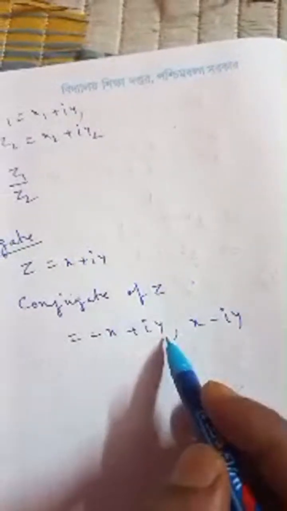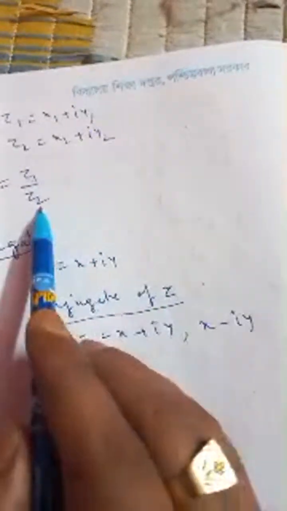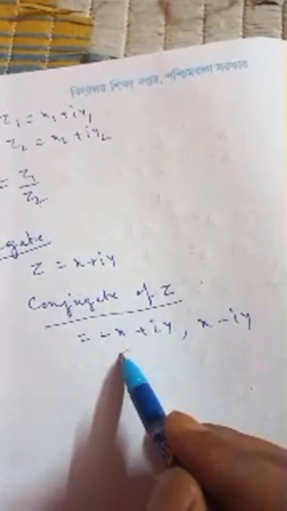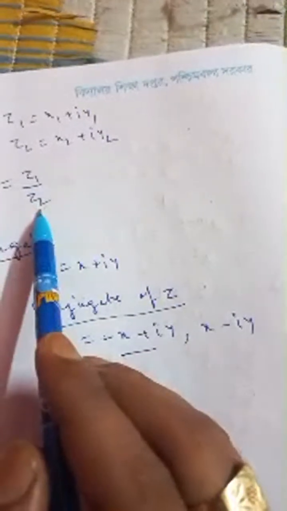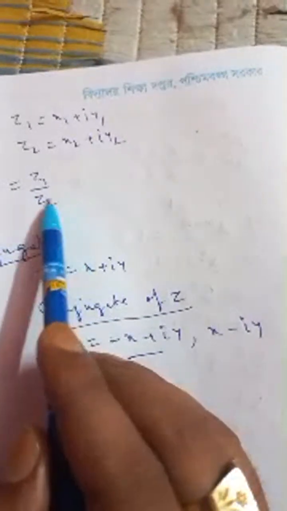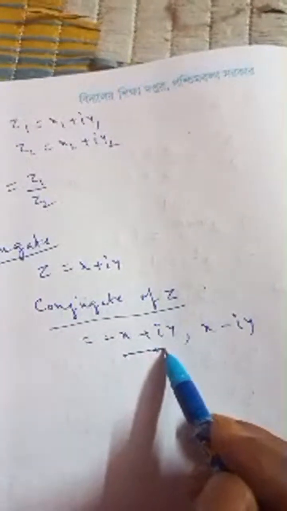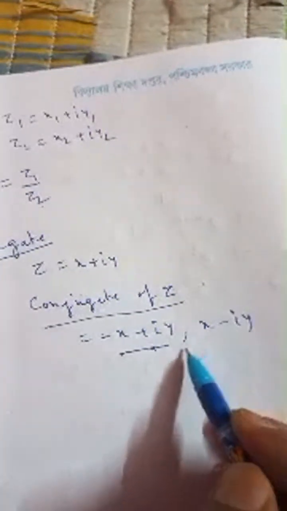Both conjugates are taken so that in the denominator, after multiplication, it can replace the imaginary value. It makes the imaginary part a real part. It is the necessity of the conjugate of z.